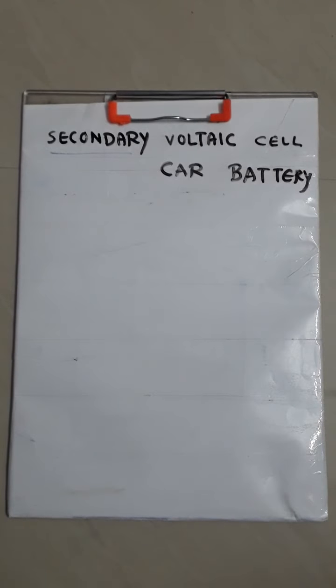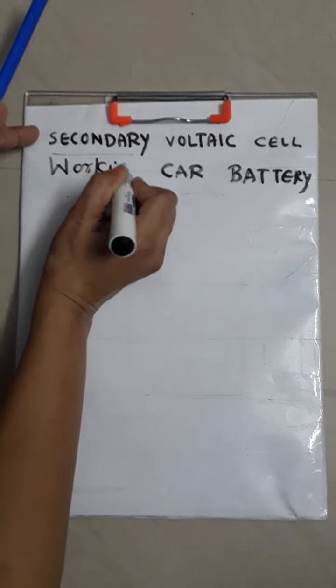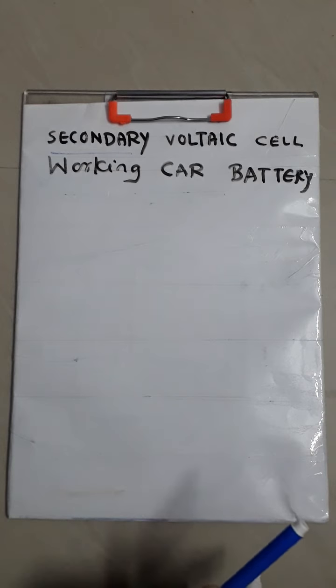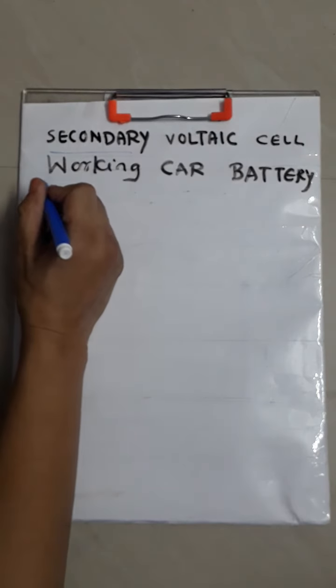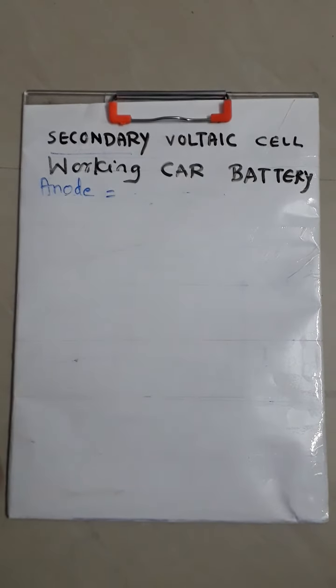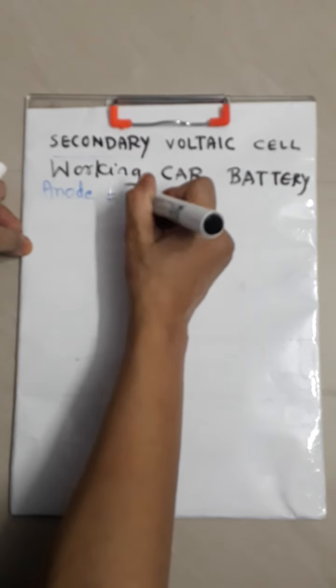So here we begin with the working of the car battery. As you have seen in that video, we have drawn the diagram, and anode is the Pb plate.